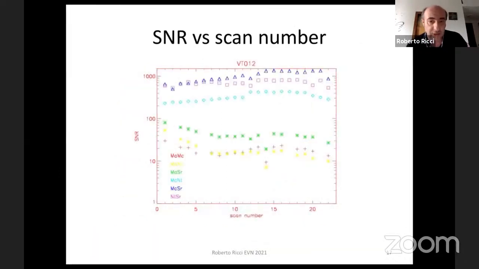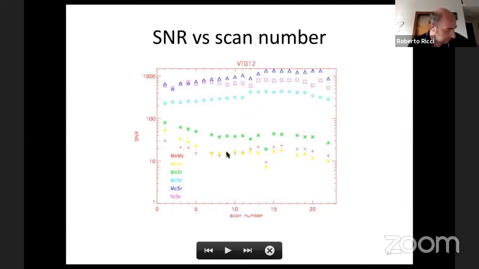One can always see the effect of the signal to noise ratio on the scatter of the interferometric phase through this plot. In particular, the baselines with Matera were the most affected by a large scatter, and also they have a low SNR with respect to the other ones.